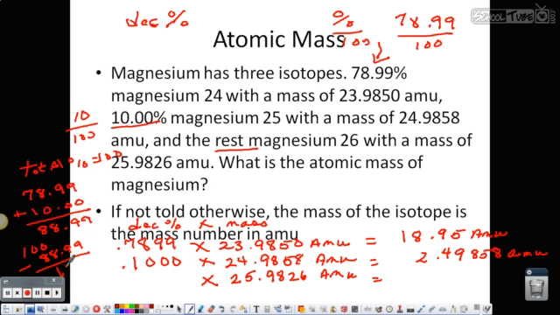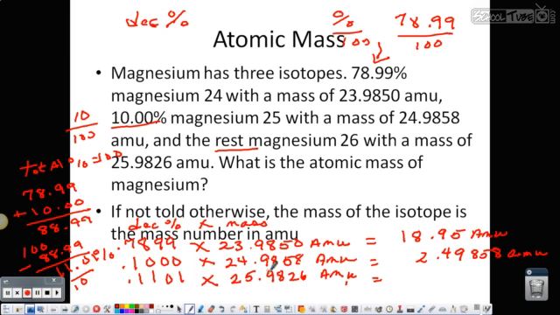So 11.01 is my percentage. Divide that by 100, so I get 0.1101 times 25.9826.